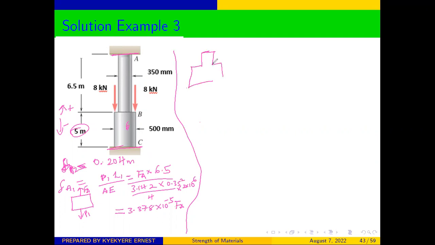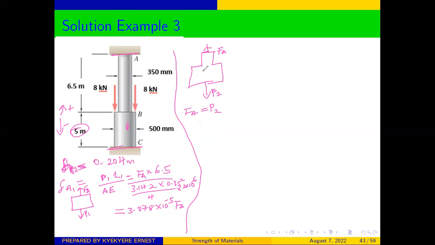We said that there are no, so this will be P2, and our reaction here can be FA. So from here we can also see that FA is equal to P2.